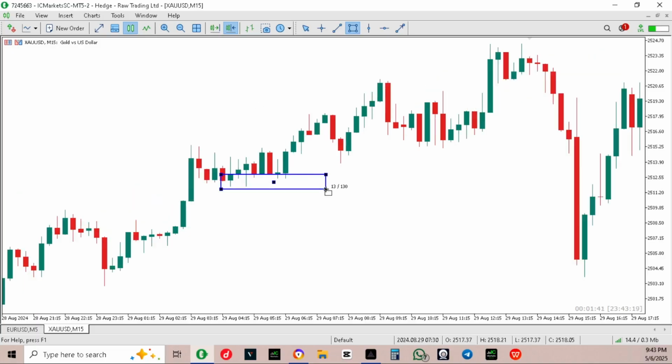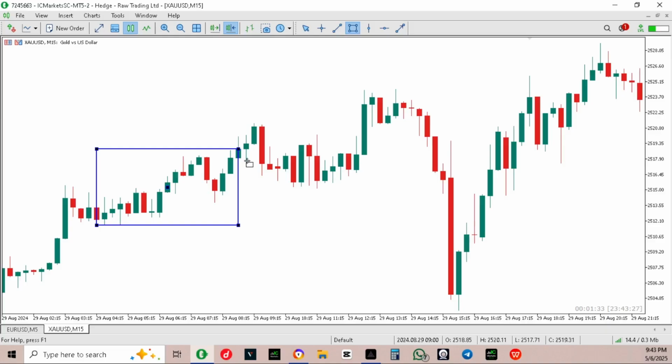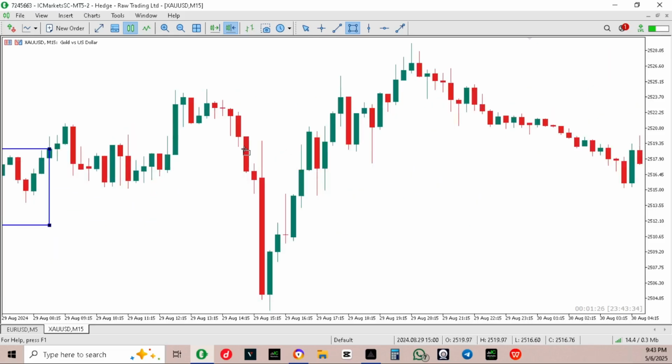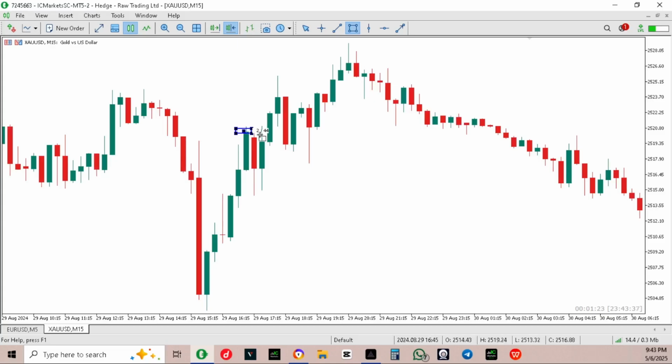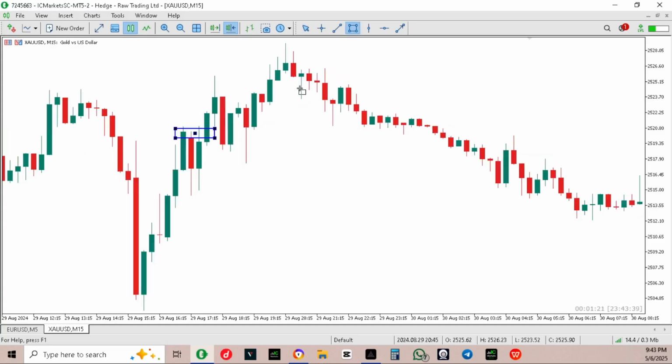We have a bullish harami, that's 1 to 5 again. Bull or bear harami is what we are looking at. Okay, we have a bearish harami there, loss.